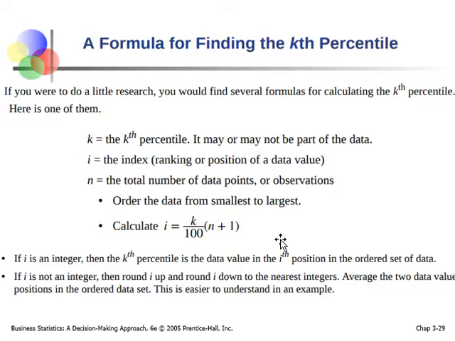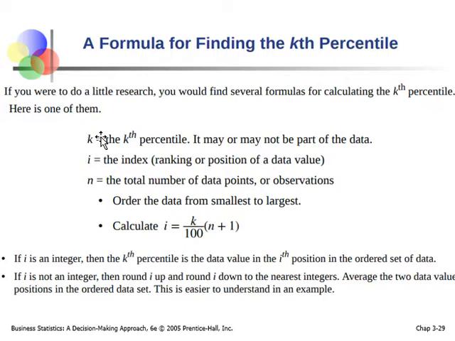It means if your index is an integer, it is an exact number in your data set. So the kth percentile is the data value in the ith position. I will give an example of that.